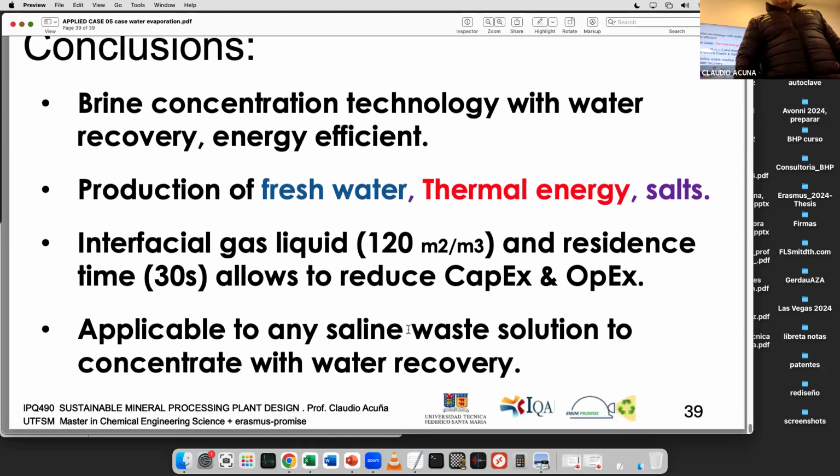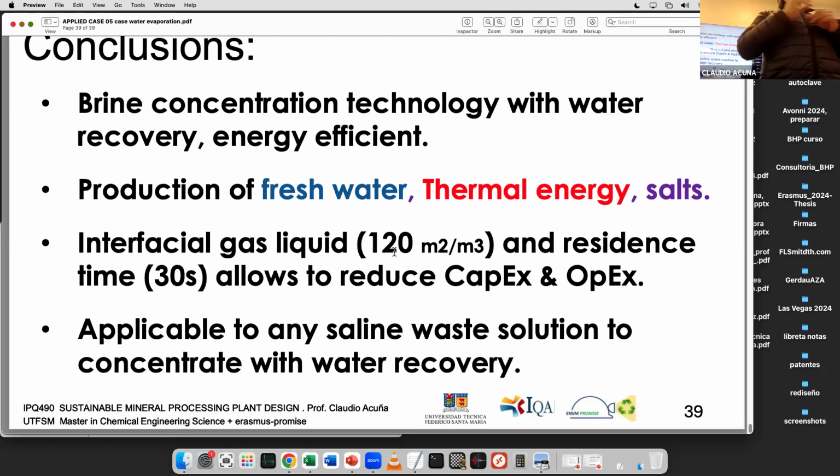The interfacial gas-liquid area comes from 6 Ag over d32 times (1 minus Ag). As a reactor, we have a very small bubble size, not because we designed it, but because the high salinity works as a surfactant.